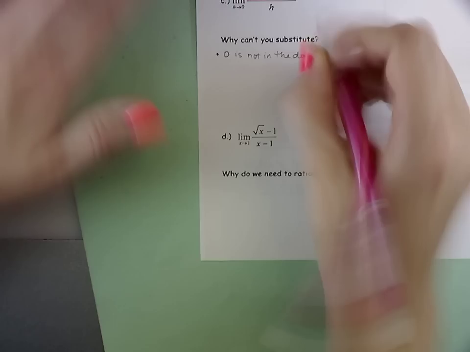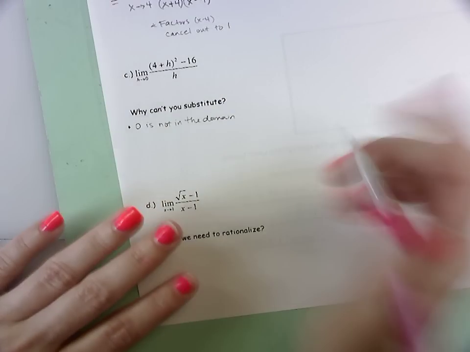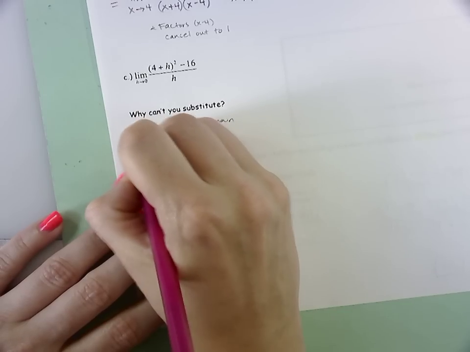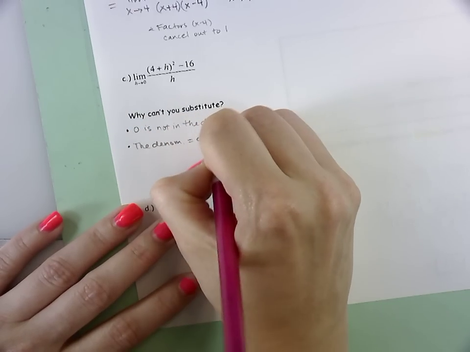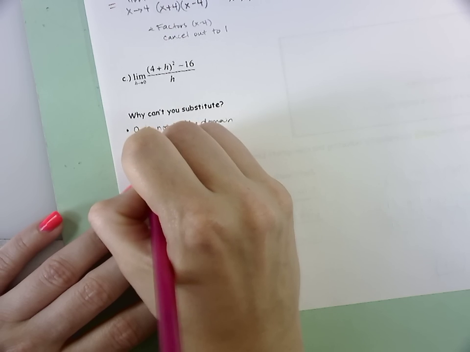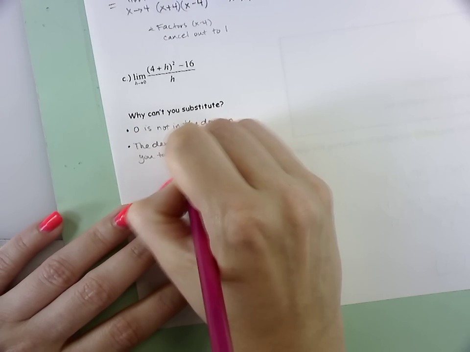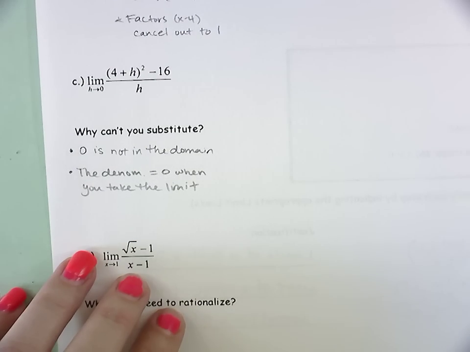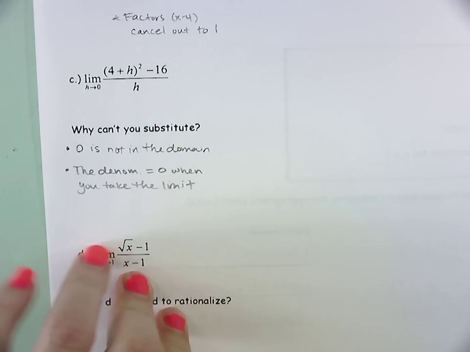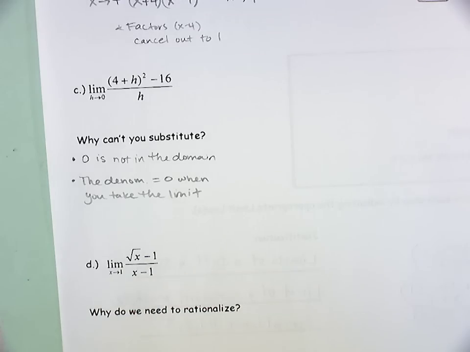The denominator equals 0 when you take the limit. So that's why you can't substitute, and that's why you can't use the quotient law. Do we have any ideas on what we want to do to this one?